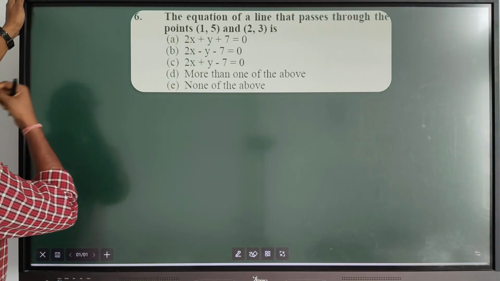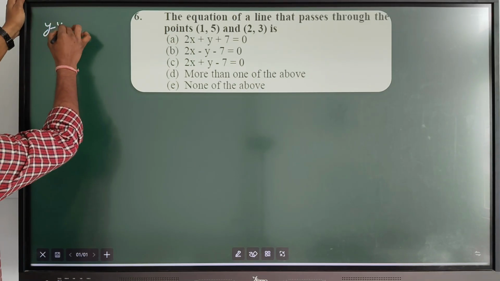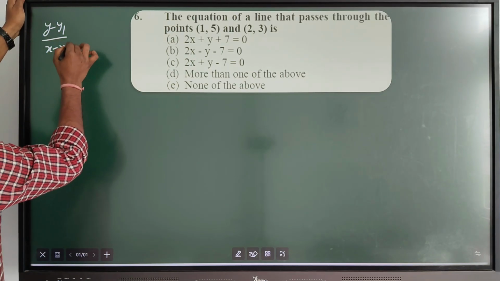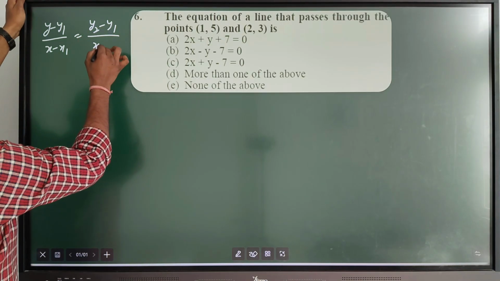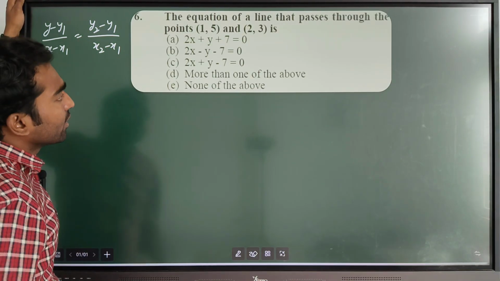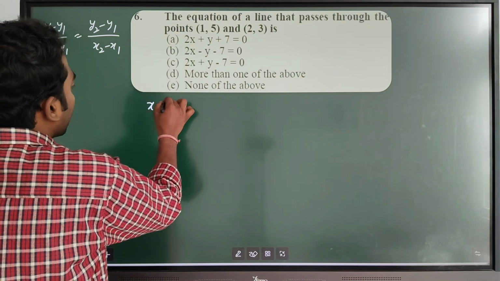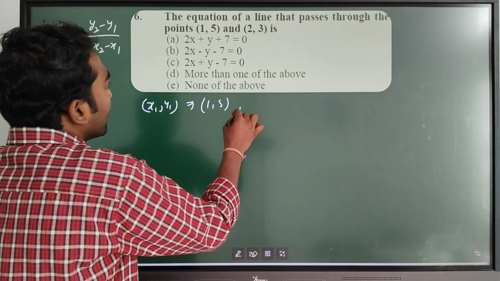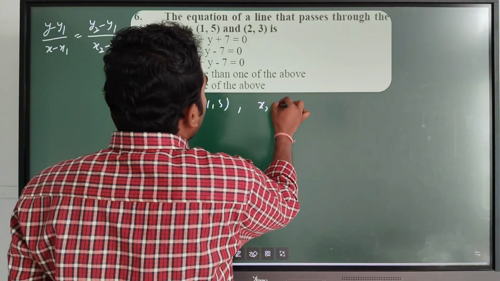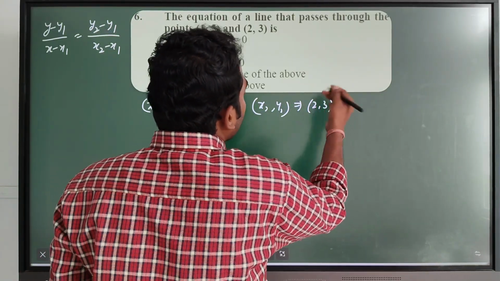The formula is (y minus y1) upon (x minus x1) is equal to (y2 minus y1) upon (x2 minus x1). Now here (x1, y1) is (1, 5) and (x2, y2) is (2, 3).